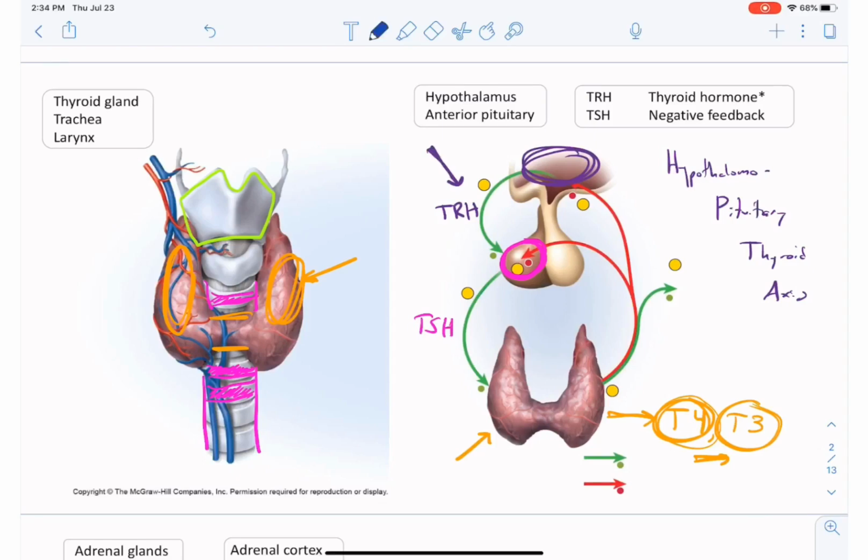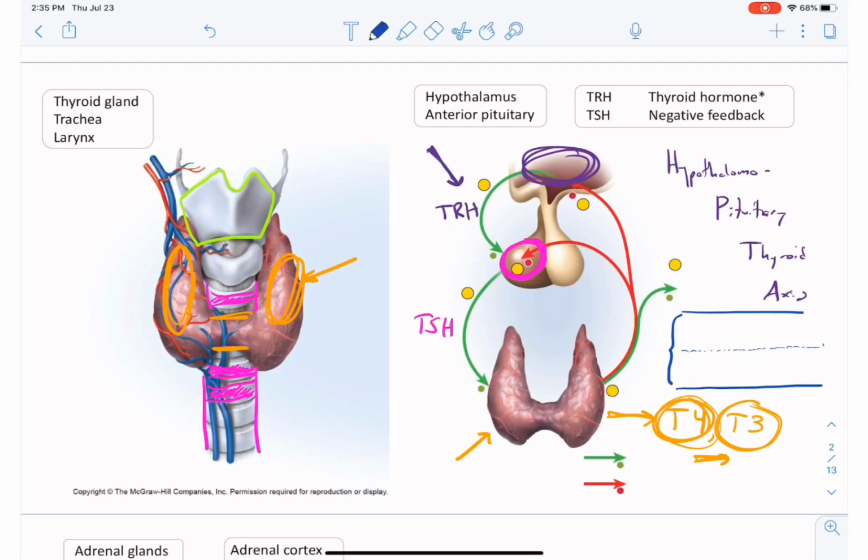So as with other variables, the body wants to maintain homeostasis over circulating levels of thyroid hormone. And there's an ideal set point, an ideal value that those thyroid hormone levels will be at. But as long as circulating thyroid hormone levels fall within a specific range around that set point, then that's okay.